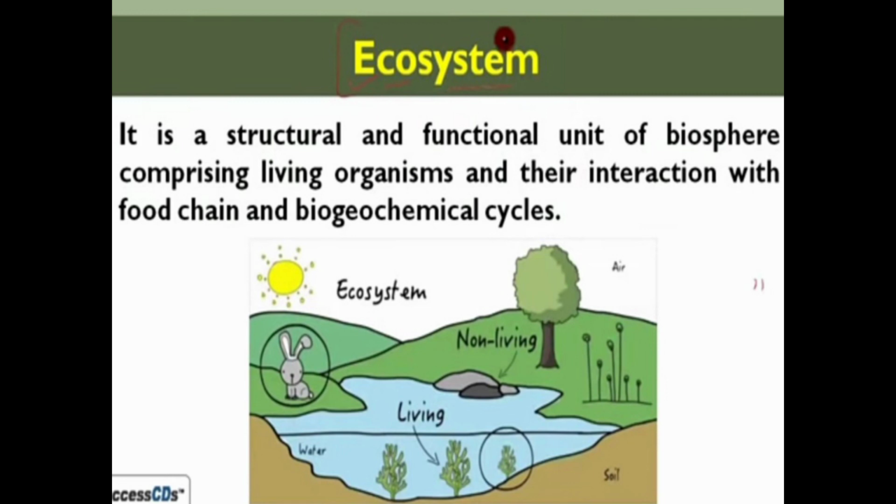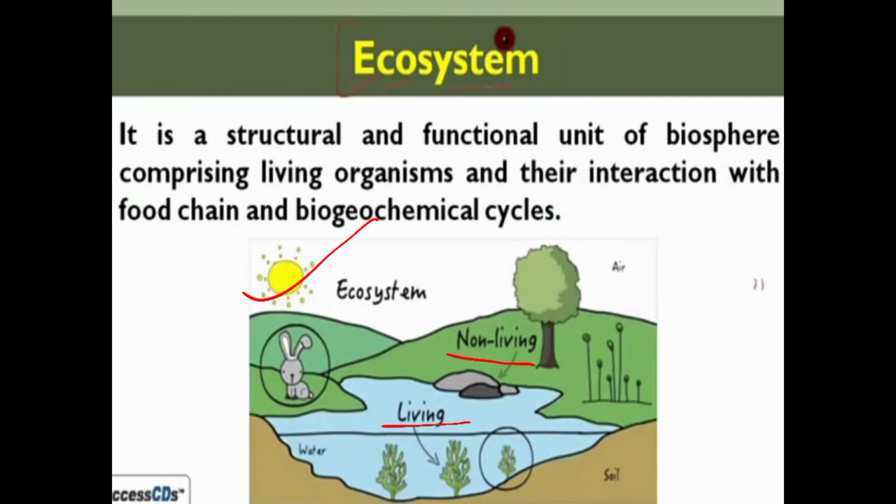It includes everything, living and non-living organisms, and they interact with their food chain and biogeochemical cycles. The biogeochemical cycles are generally for recycling of nutrients. So as we can see here, the ecosystem is given where both non-living and living components are shown.